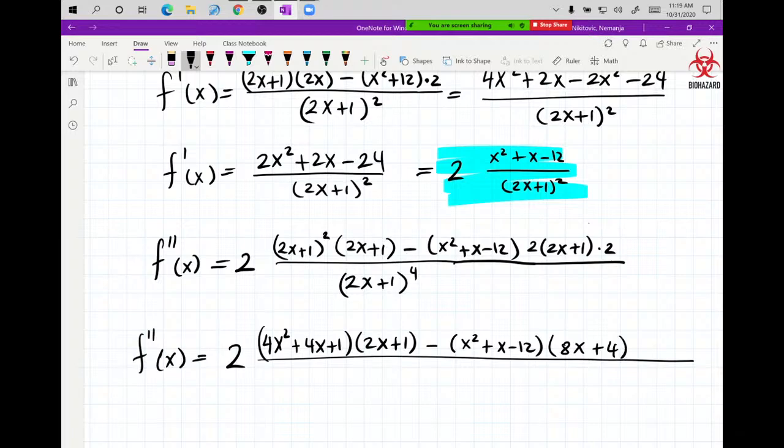I did the 2 times 2 is 4 and multiplied in. Over (2x plus 1) raised to the 4th power.